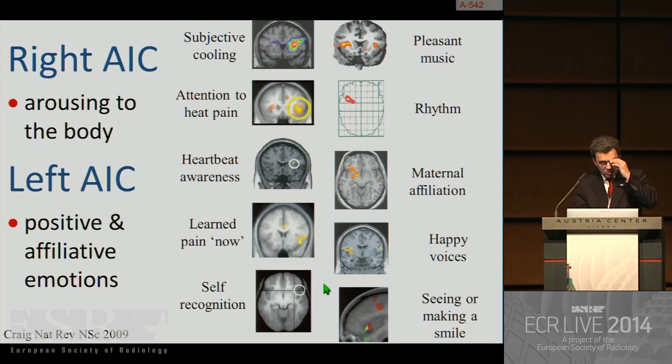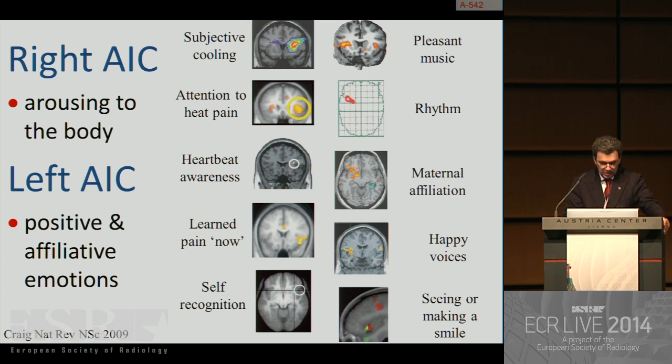And then you have also things which are just on one side, either the right or the left. It was shown that on the right side you have more issues which relate to arousing of the body, attention to heat pain, subjective cooling, self-recognition. On the other side, you have positive emotions, affiliative emotions, so maternal affiliation. Keep in mind, these images are the way that neuroscientists look at it, so it's the other way around.